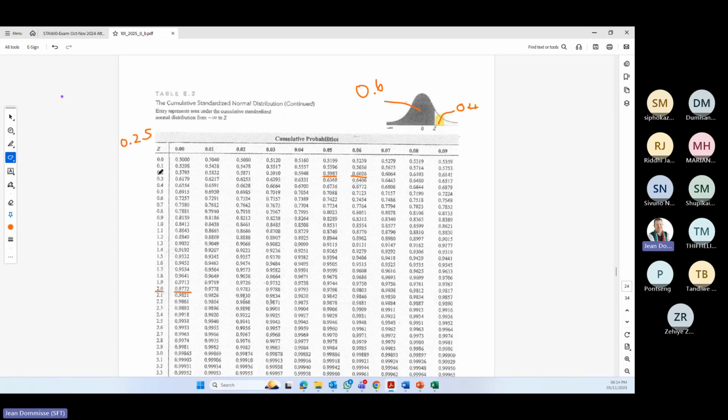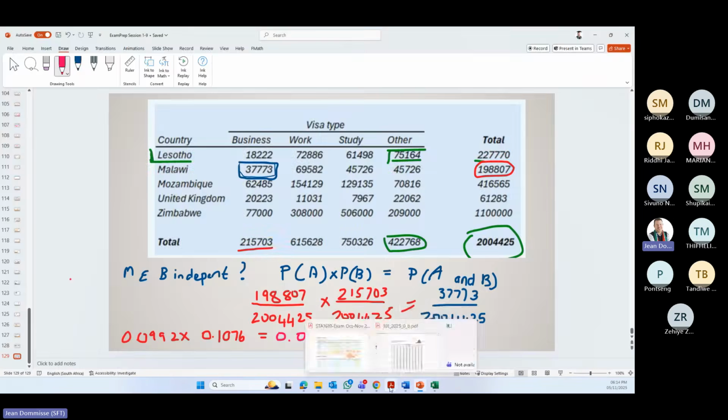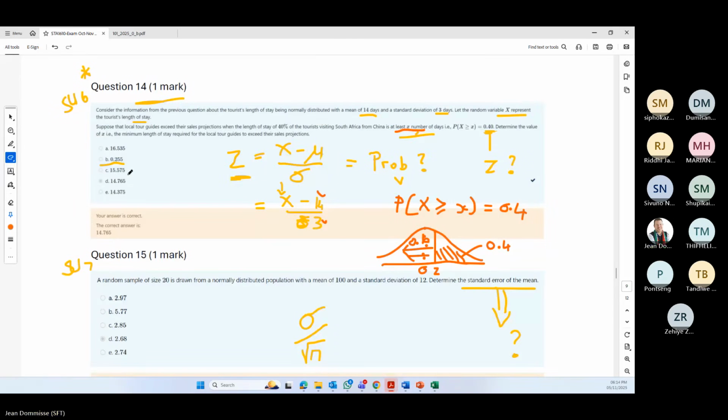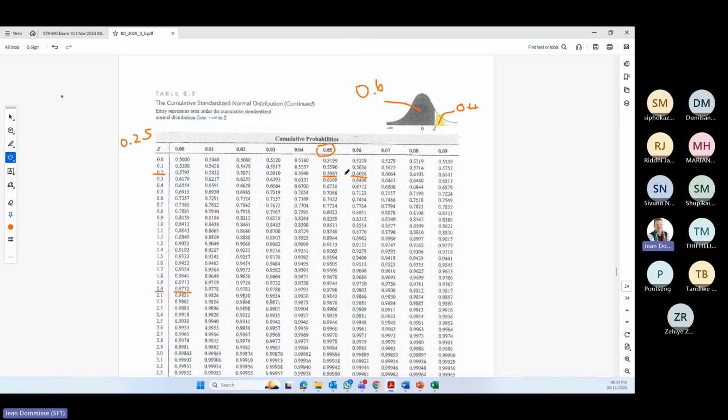Let's first take Z as 0.25. It's a very small Z. Okay, so look at that. 0.255. So they wanted us actually to take the one in the middle.